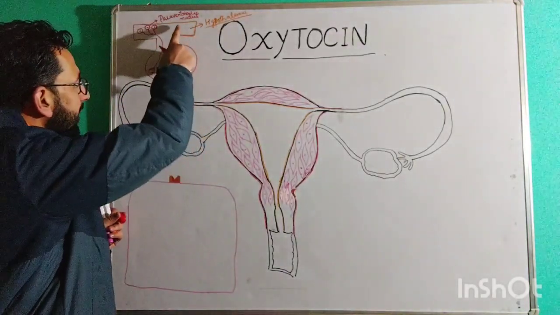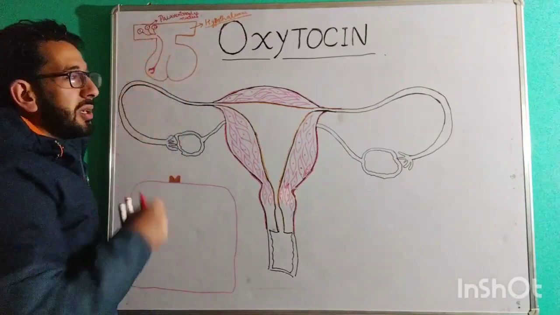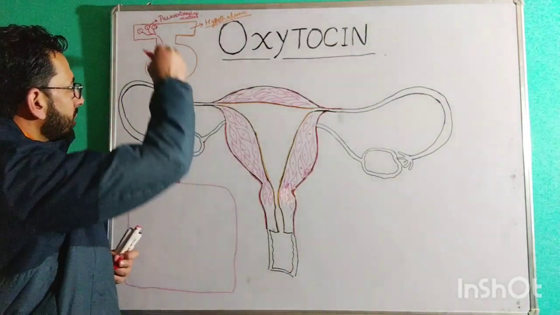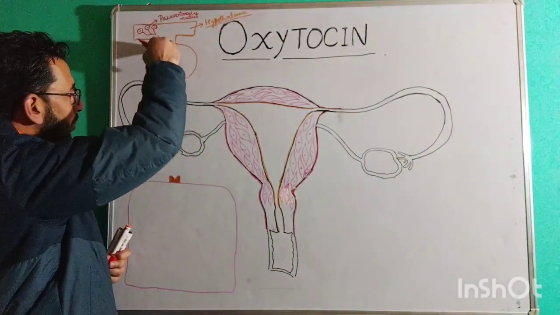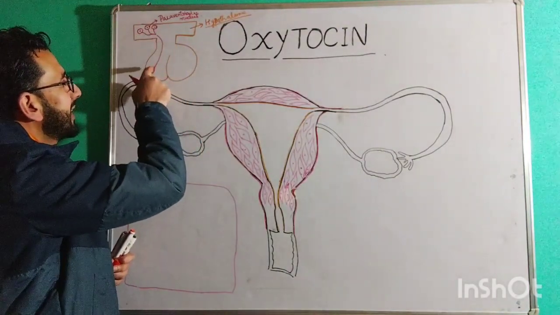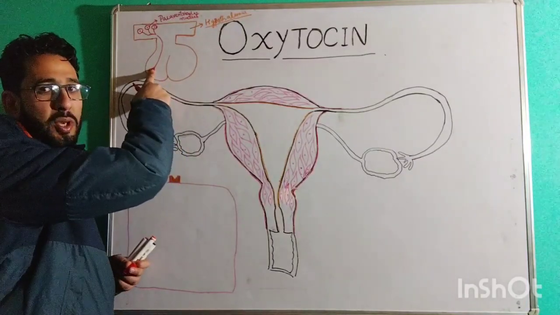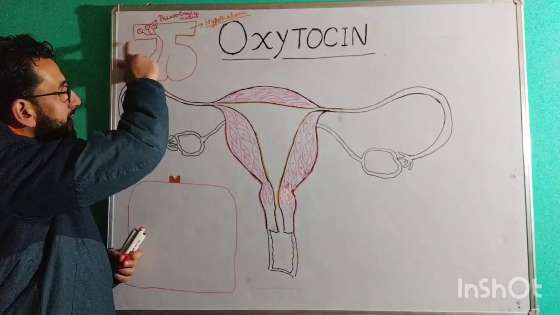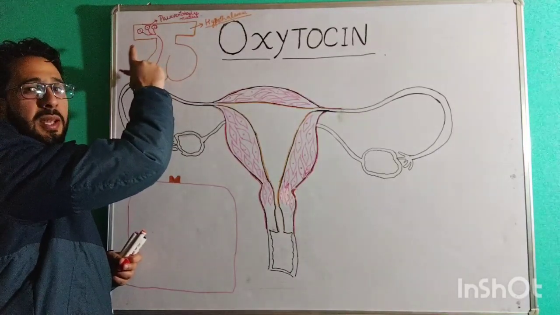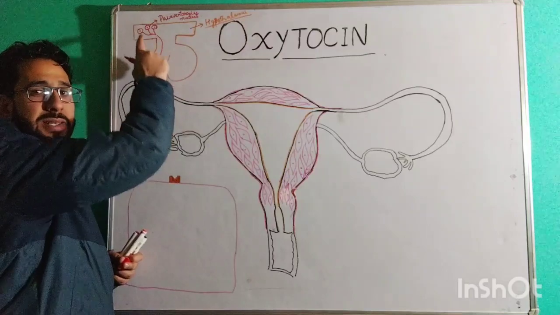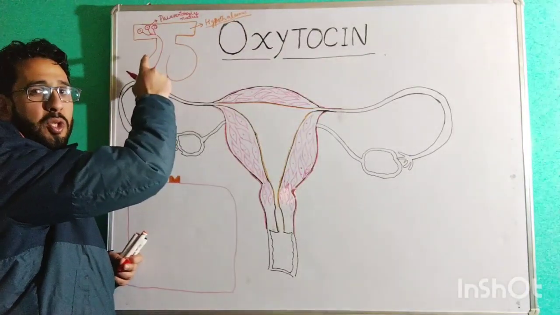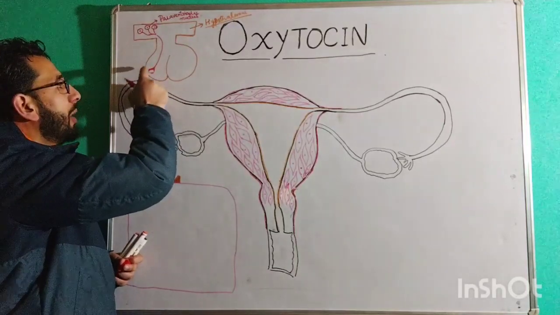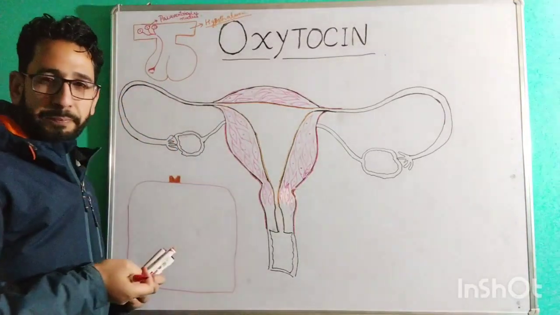The paraventricular nucleus is involved in the production of oxytocin, which is sent down through the axon and stored in the form of vesicles in the axon terminal. When a particular stimulus stimulates the paraventricular nucleus, it sends action potentials down the axon, and oxytocin is released from the posterior pituitary.